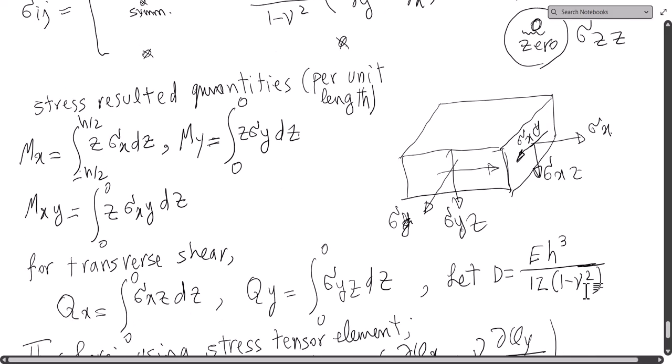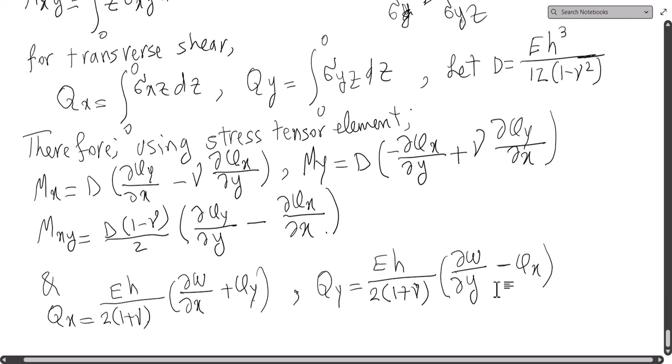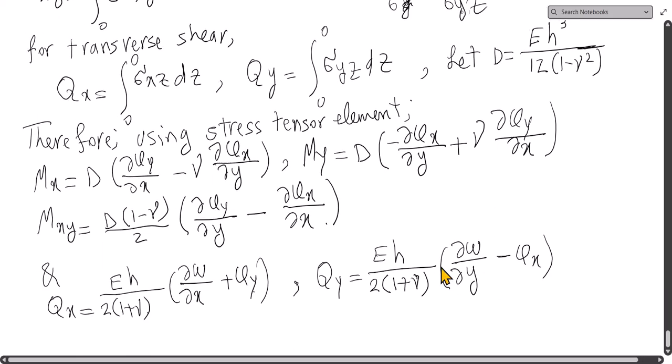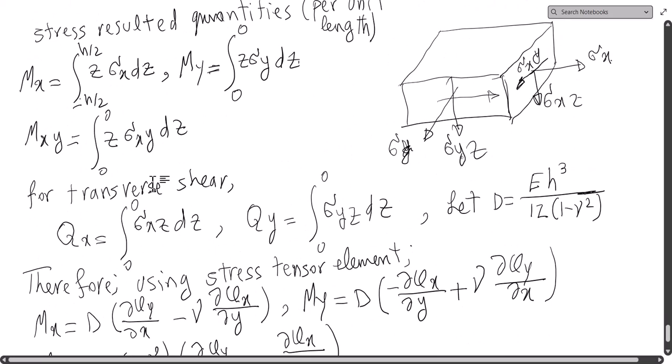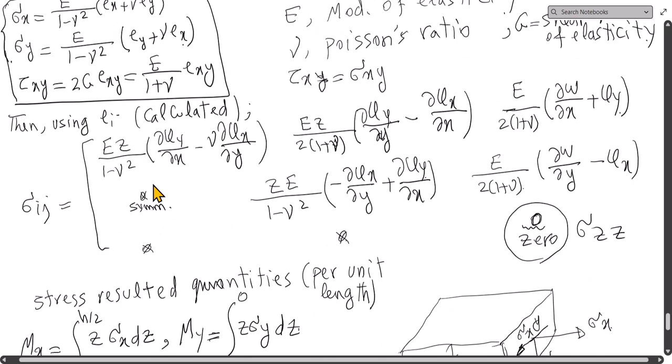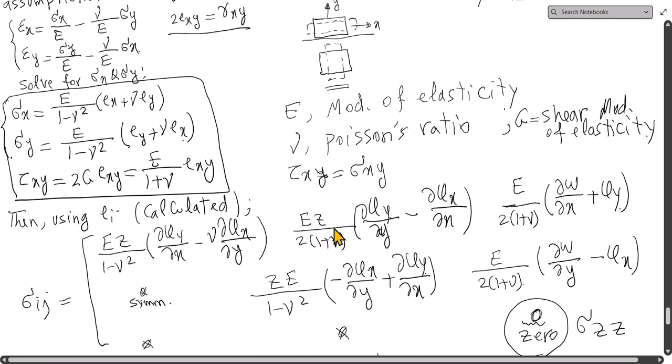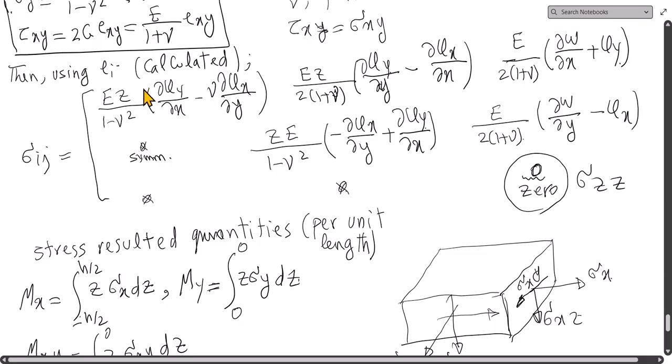So we collect all of those constants and put them into a constant, we call it D. Traditionally this is called D, and then you come and put the stress elements, these elements, which are again functions of x and y.